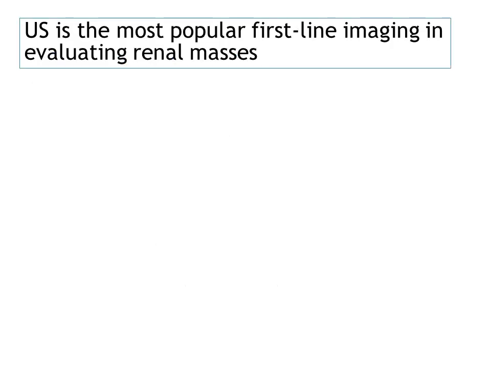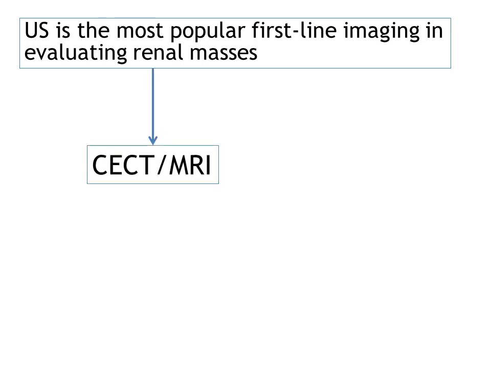Ultrasound is the most popular first-line imaging in evaluating renal masses. If we have any problems at ultrasound findings, contrast-enhanced CT or MRI usually can solve the problems.